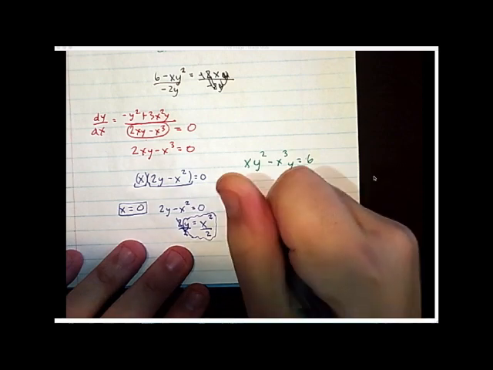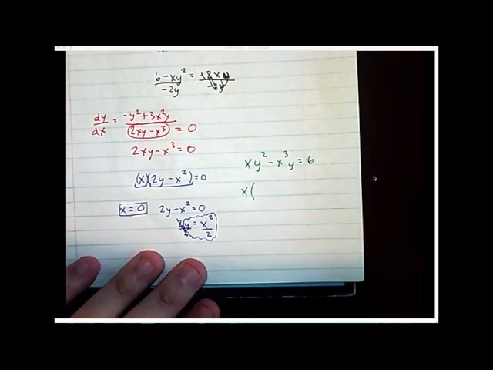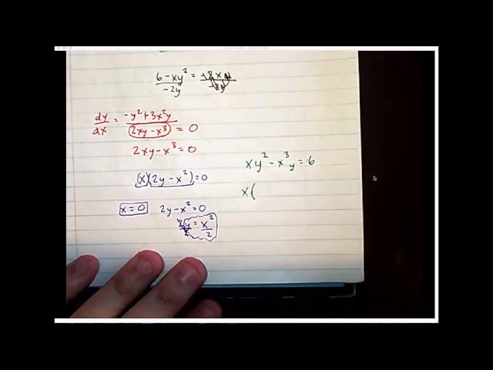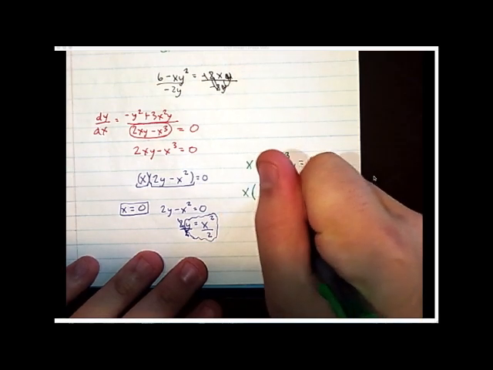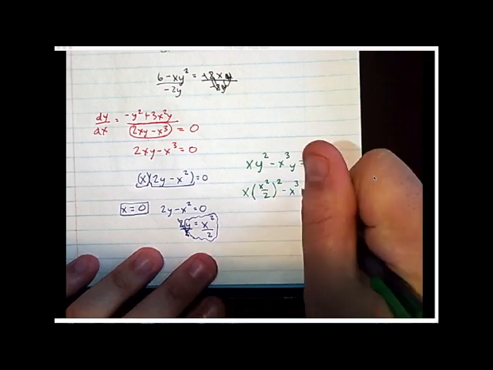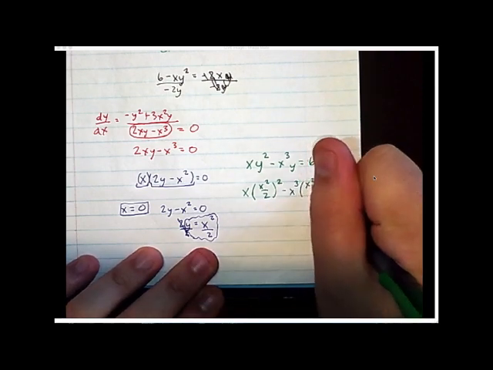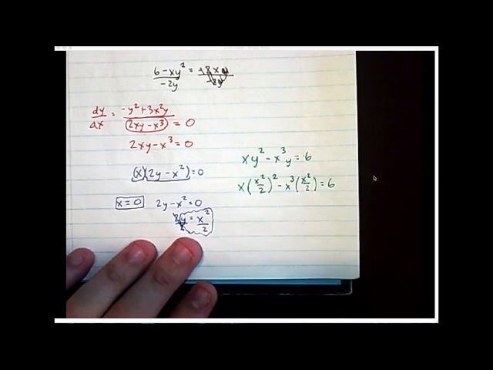And let's see if that does the trick. So x times y squared, let's plug in what y is, x squared over 2, but don't forget to square it, minus x cubed times y again, that's another x squared over 2, equals 6. So now I can solve this.